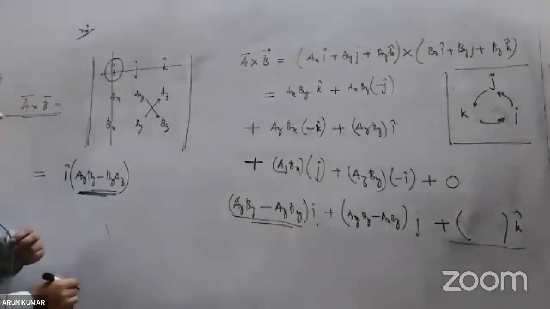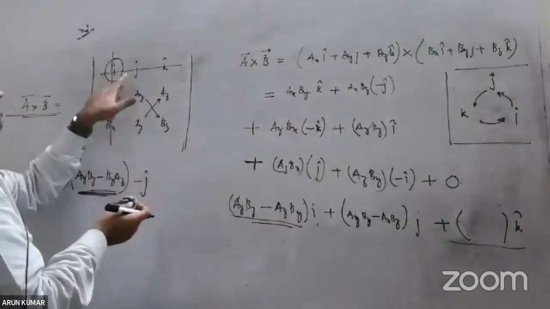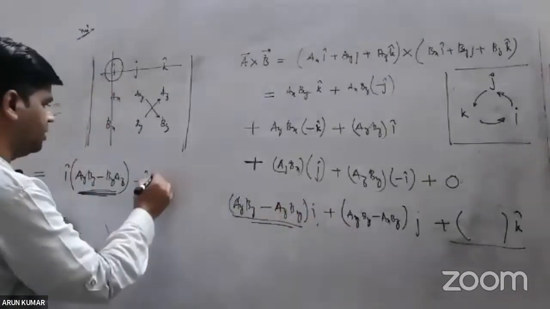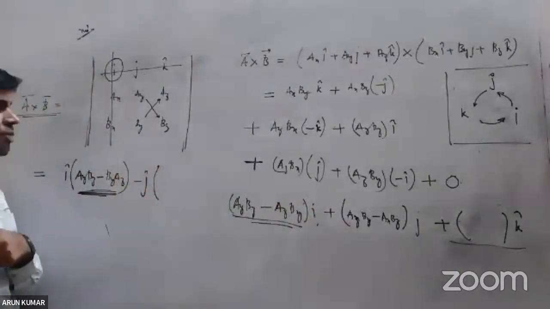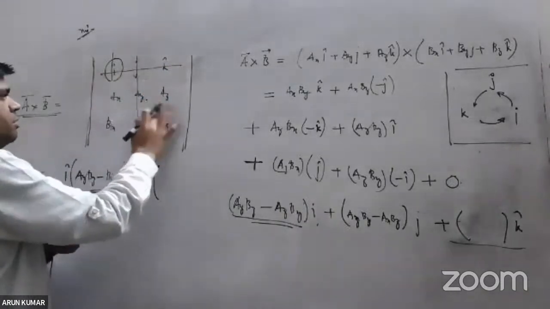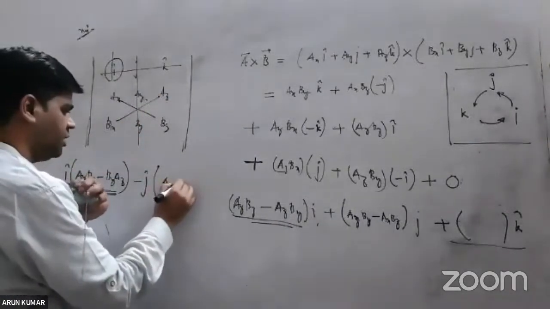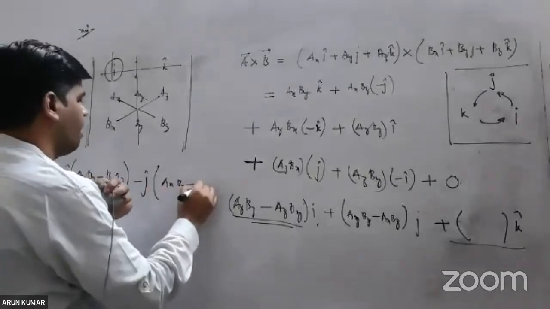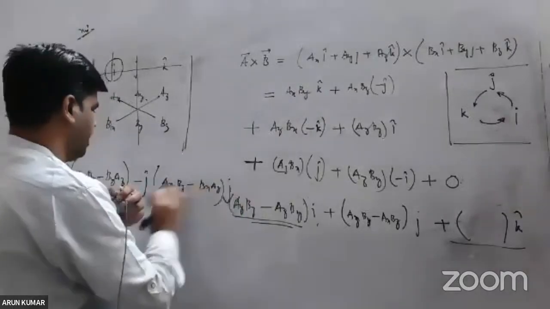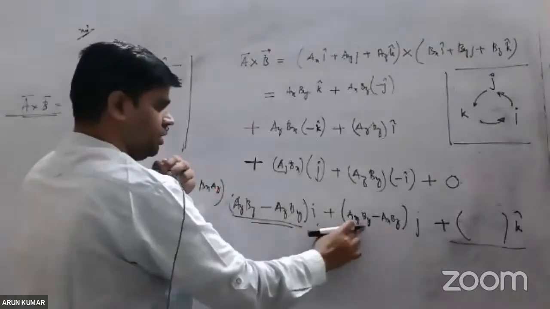Next is minus j. Alternately, if this is plus, this becomes minus, this becomes plus. That's what we are getting here. Minus j. So these two become bound now, and what remains is ax bz minus az bx, with j cap written here.